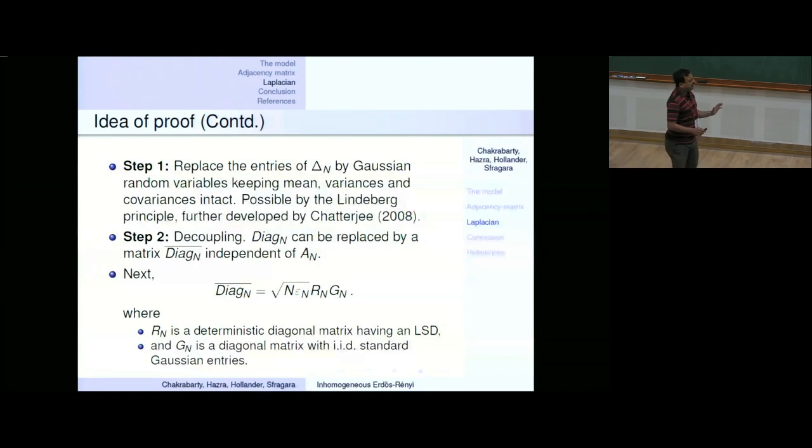Now we are dealing with Gaussian random variables, and hence this can be done. So you just have to calculate the variances, and this is what it turns out to be. And furthermore, this matrix Gn is independent of the matrix An I started with.